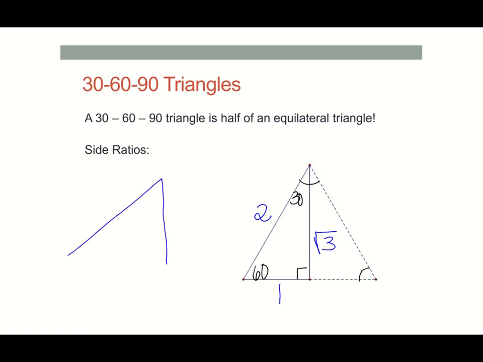This is our standard 30-60-90 triangle, and what we're going to use moving forward. So 90 degrees, 30 degrees, 60 degrees. Opposite of 30 is 1, opposite of 60 is square root of 3, and our hypotenuse is 2. This is going to be our reference triangle for 30-60-90.